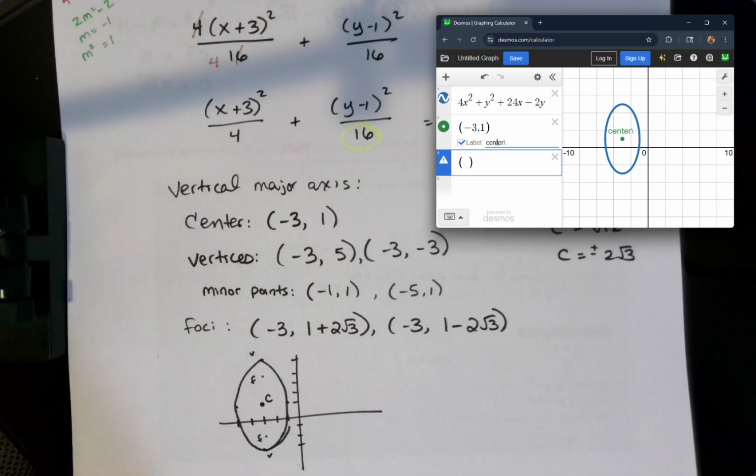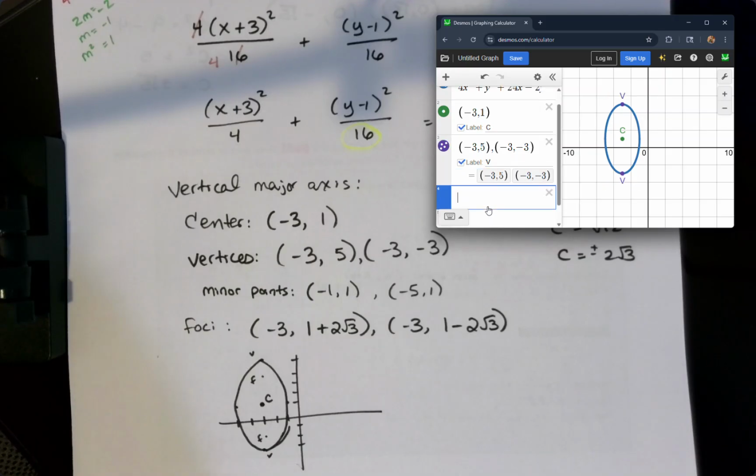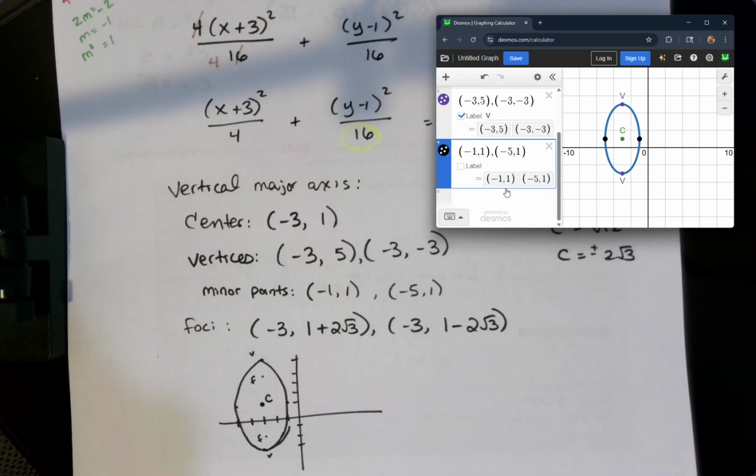I'm just going to call it C, so I don't have too many letters on my graph here. I have my vertices at -3, 5, and -3, -3. Again, those appear in the correct place right here. We got our little minor points here at -1, 1, and -5, 1. Yep, that's where our minor points are.